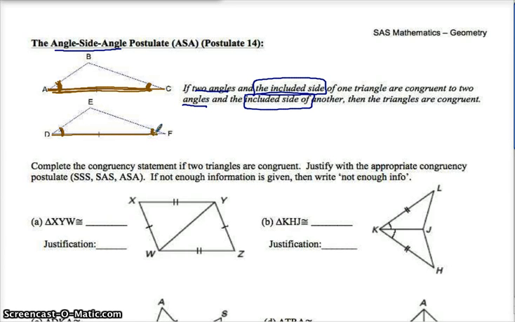So if I'm going to write a congruency statement here, I could start with angle D, and I could go through my side and then end with angle F. So that's D and then F, and then I need to also include letter E because 3 points are what name a triangle. So I might go angle, side, angle, but I still have to include letter E, so it's triangle DEF here I'm looking at.